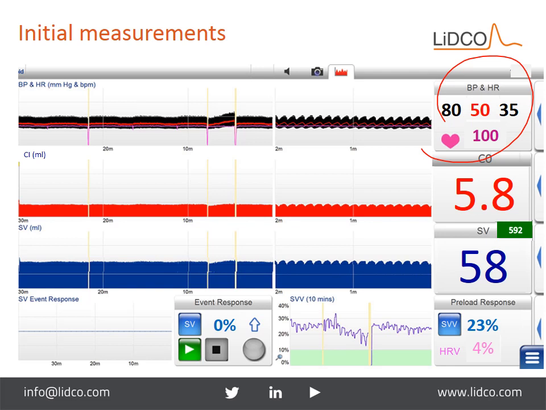Stroke volume is at 58, which is low. Low normal is 60 mLs per beat. And then we have an SVR of 592, which indicates she's pretty vasodilated, which is a bit concerning looking at her cardiac output. I would think it would have been a little higher since her heart really is not beating against any resistance at all.